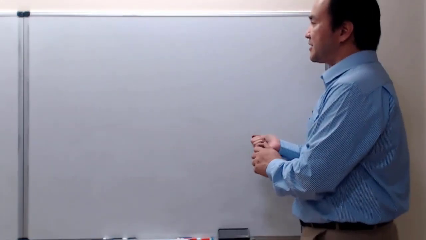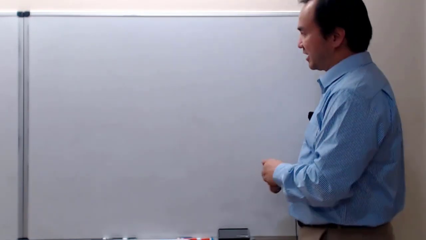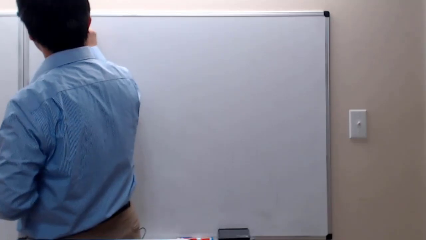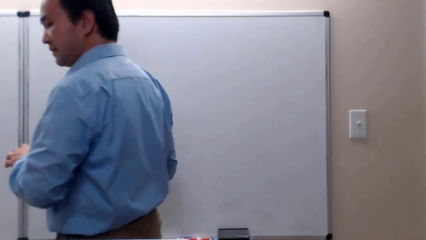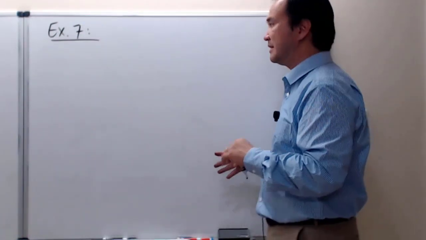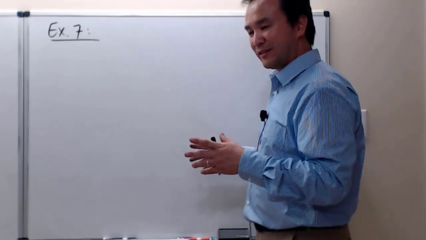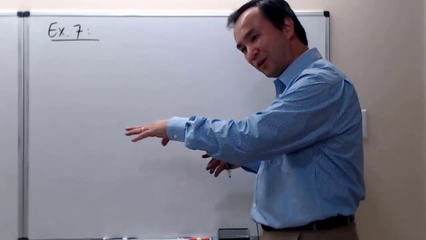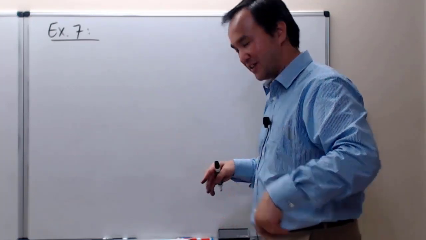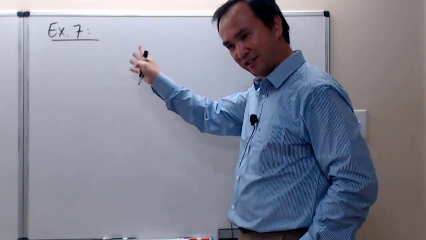All right, in this last example of our current lecture, example 7, I only need to bring one problem, but to solve it I will bring up something that we have learned previously, but only within our study of calculus here. But I'm sure you have learned that prior to this point.